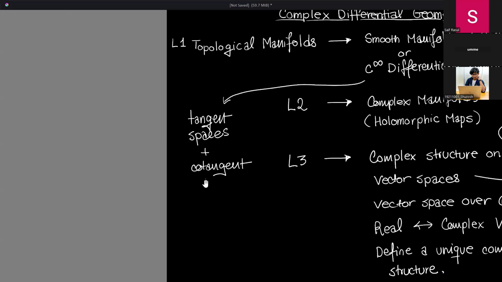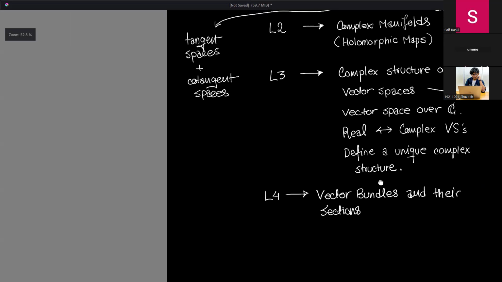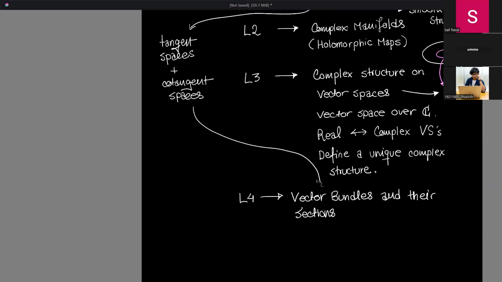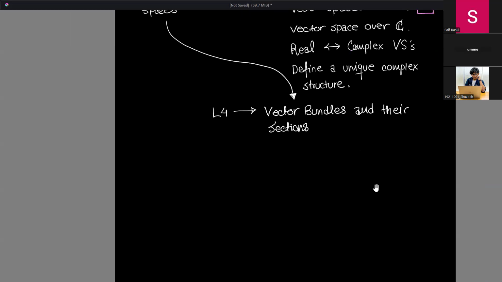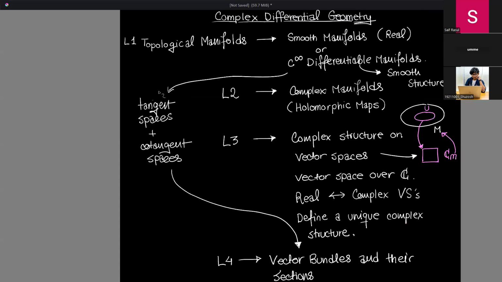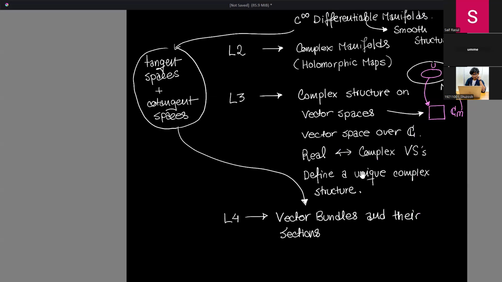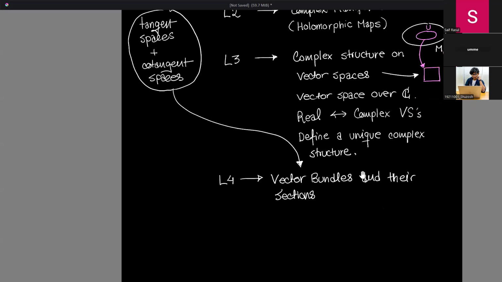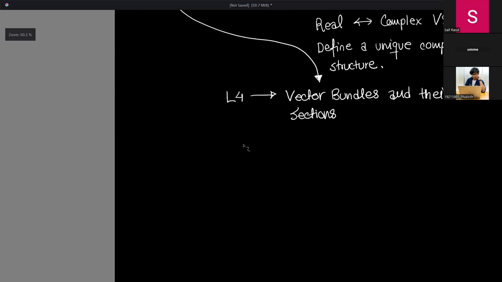In order to extend these spaces, we end up with something called a vector bundle. There are various ways you can arrive at the idea of a vector bundle, but you could think of them as: what would happen if we tried to take tangent spaces and cotangent spaces and extend them over the manifold? So let's now look at what vector bundles are.